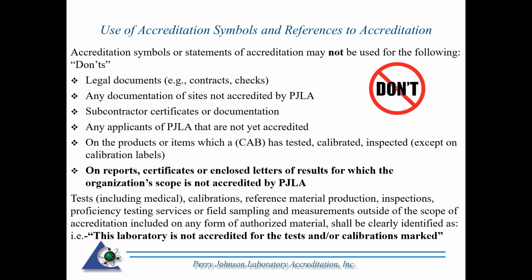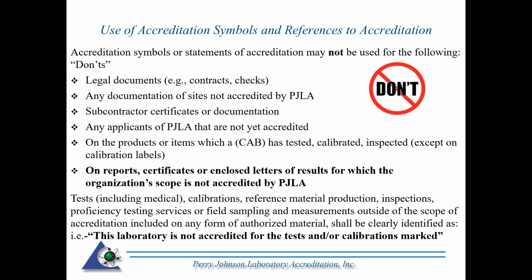If it is in conjunction perhaps with other items that are on the report, some are accredited, or on your website, if it's mixed in with items that are under your scope and items that are not under your scope, it has to be identified.